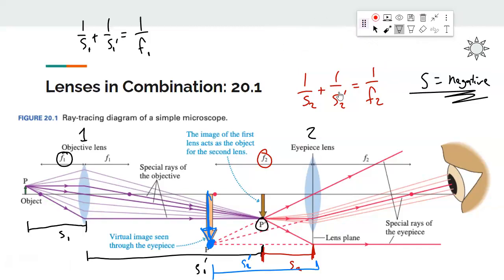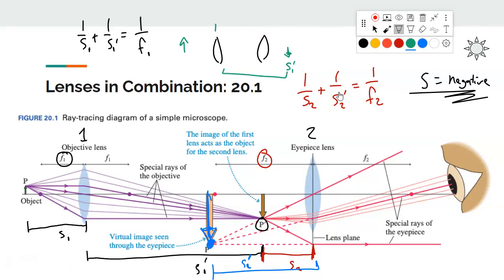running out of space here a little bit, but if we have these two lenses, let's say that this is our object, and that lens 1 creates a new image over here. So let's say that this is S1 prime over here, this distance. Now, the light that lens 2 sees is apparently originating from the right side.